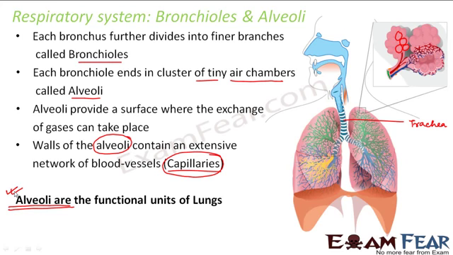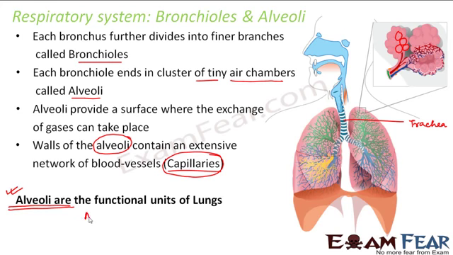So I hope you got the entire structure. That means how respiration is actually happening, how the lungs help in absorption of oxygen, because inside the lungs we actually have so many different things, that is bronchi, bronchioles and alveoli. So what did we see so far?